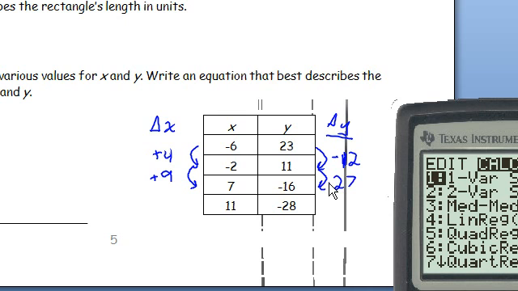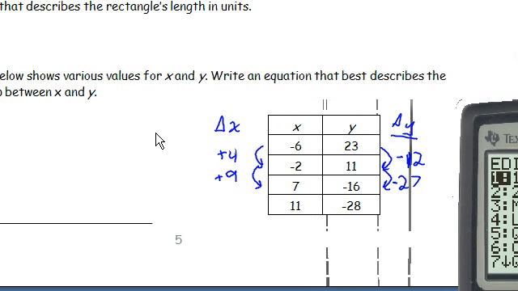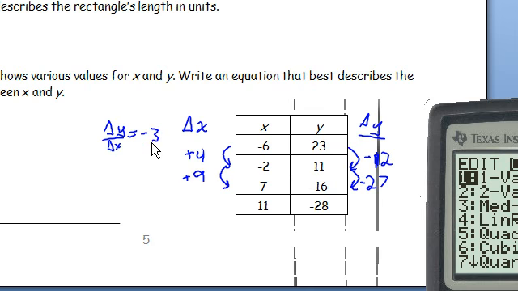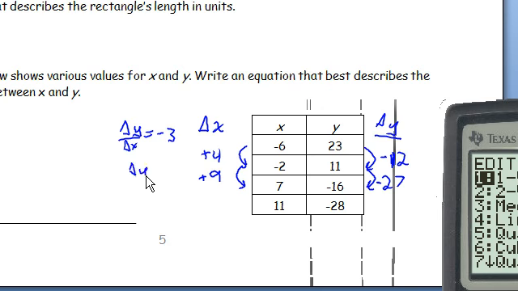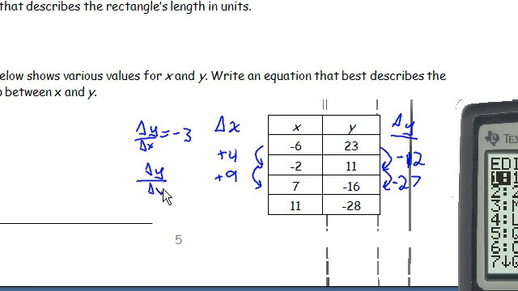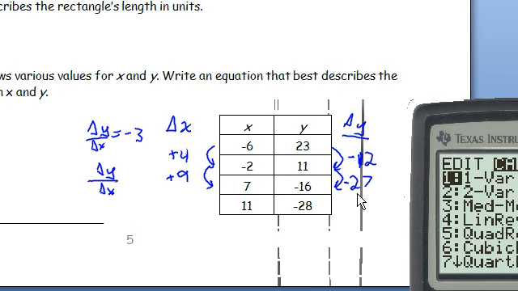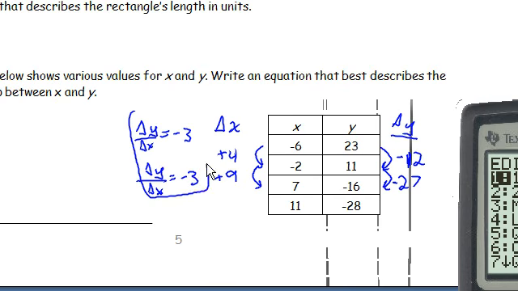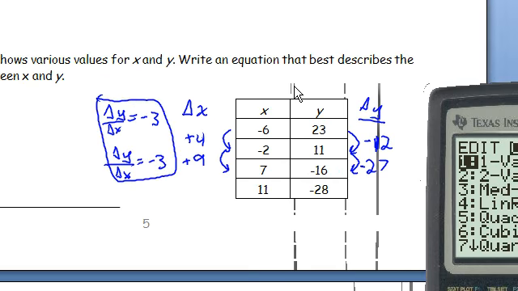27. All right. So our first change in y over change in x was equal to negative 12 over 4, which was negative 3. Then our next change in y over our next change in x, the second set we did, was negative 27 divided by 9, which is also negative 3. So we see we have a constant rate of change, which means we have a linear relationship.